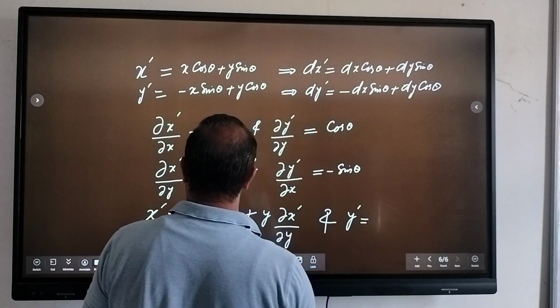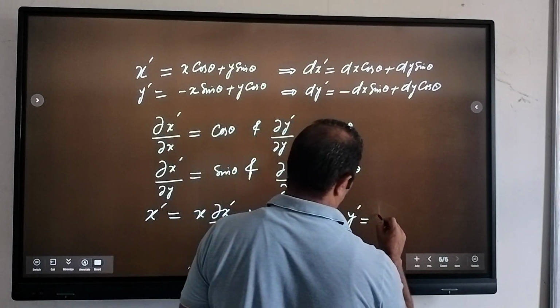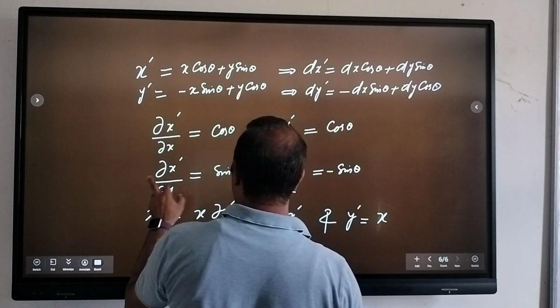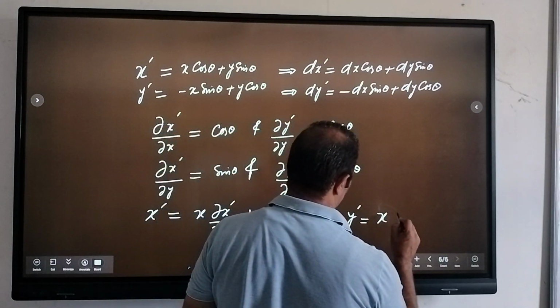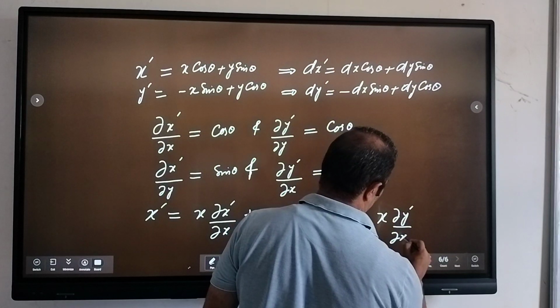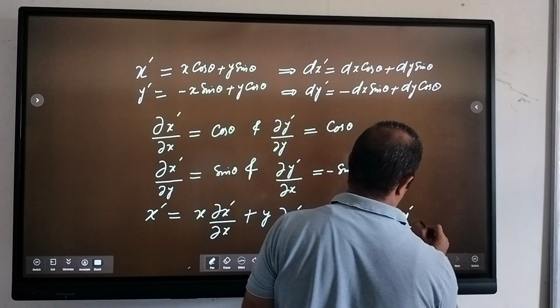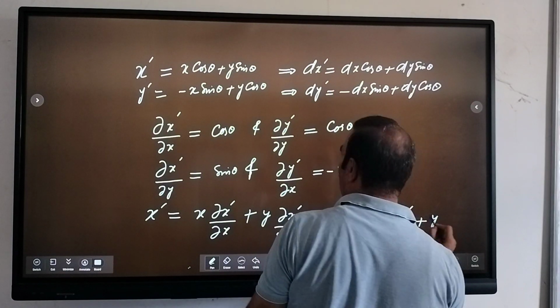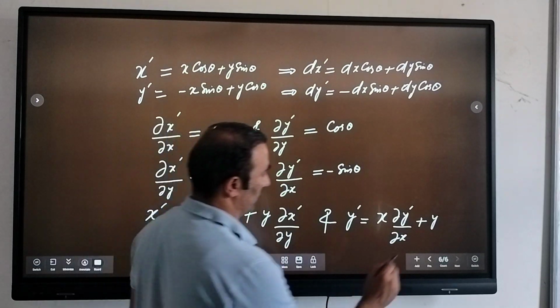That's equal to x times minus sin theta, and minus sin theta is partial y prime by partial x, plus y times cos theta, and cos theta is partial y prime by partial y.